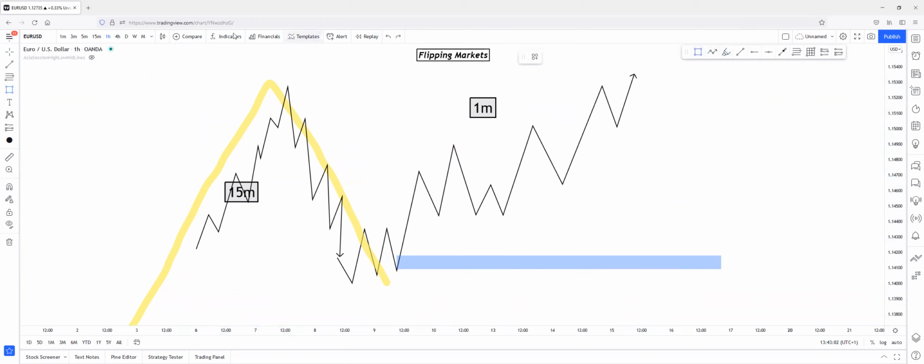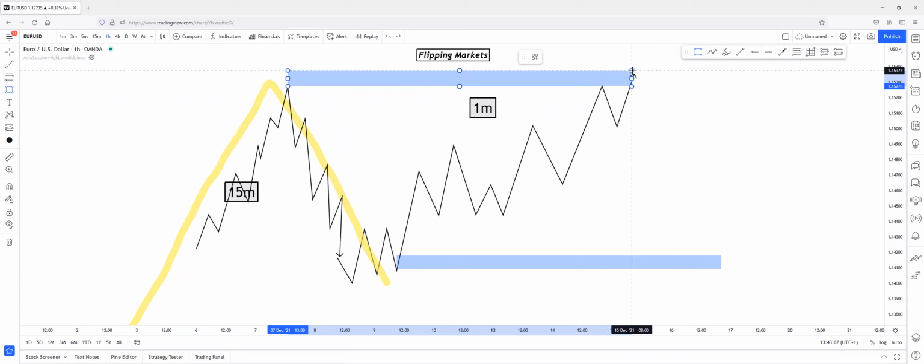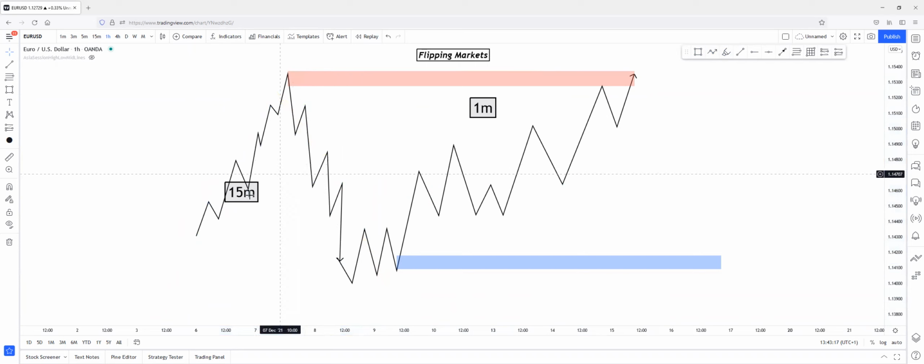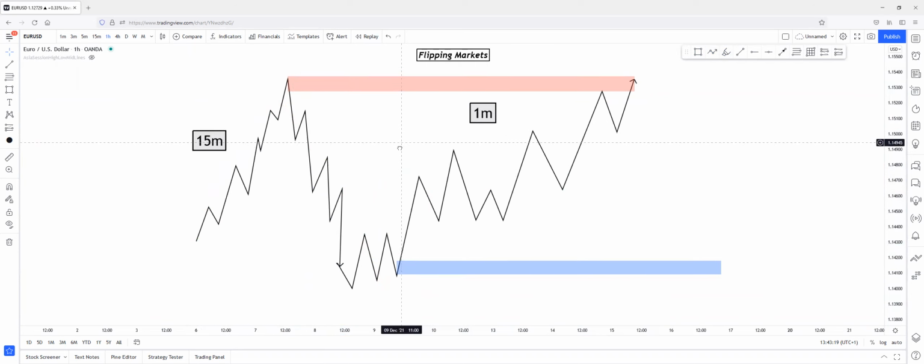Okay, but we will have supply zones over and over again, and let's say this supply zone up here is unmitigated, and price steps into this supply zone. So sorry, I will just adjust this. So yeah, I will just remove this line for you to see better.